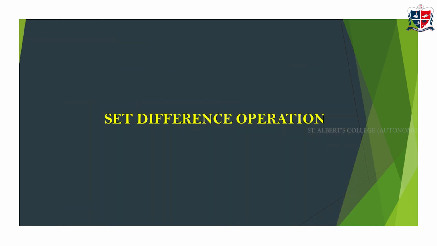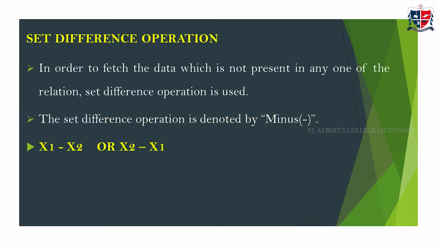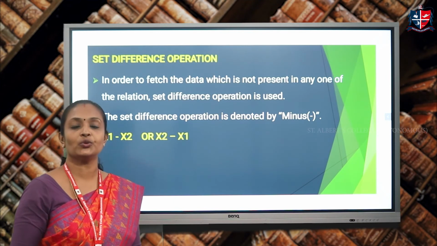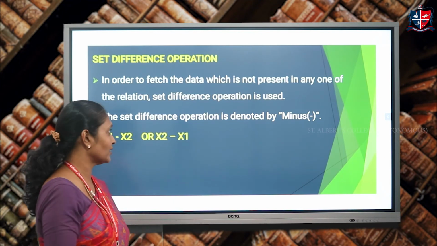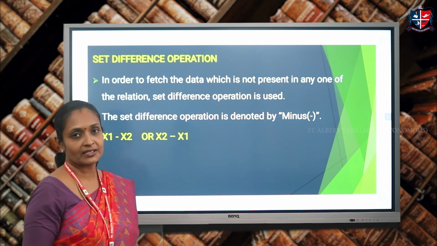Set difference operation. The set difference operation is used to fetch the data which is not present in one of the relations. Suppose we have two relations and we have to retrieve data which is available in the first relation and not available in the second relation. In that situation we use the set difference operation, denoted by the symbol minus.